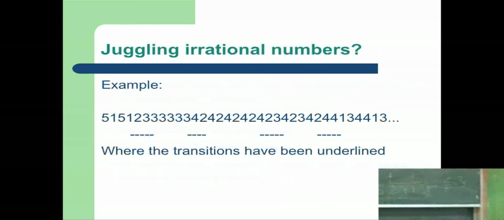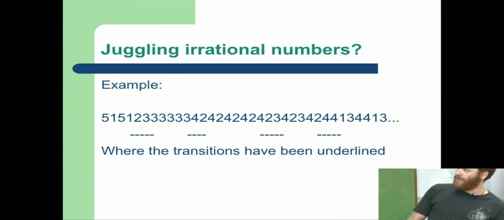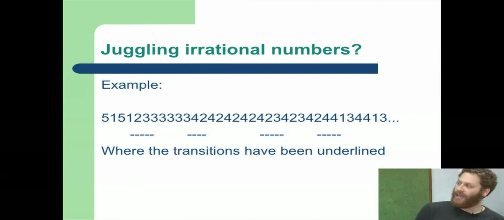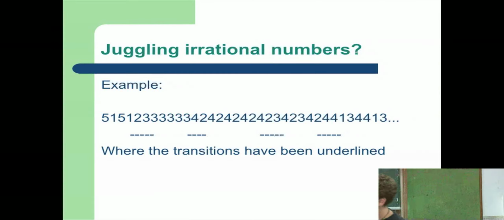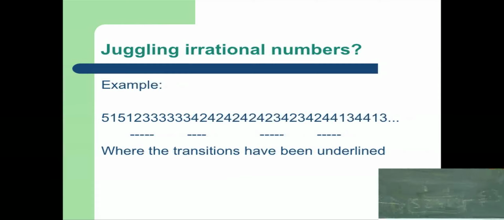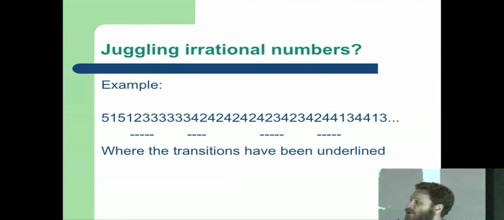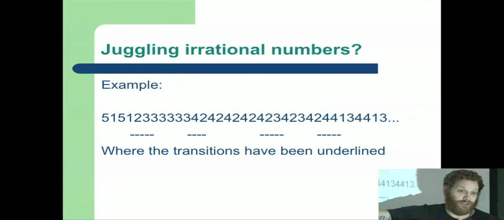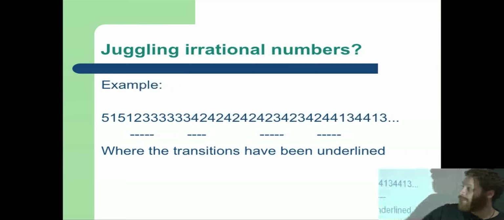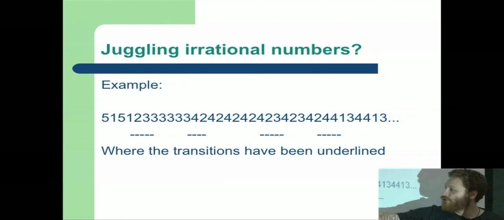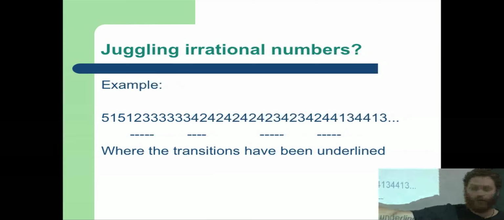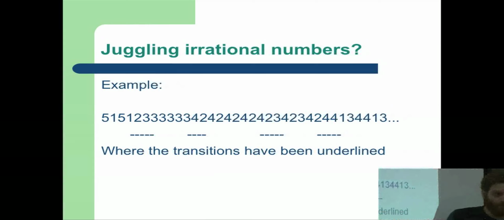All right, just for a bit of fun, here's an example that might get you started. We start with 5, 1, 5, 1, 5, 1. We throw in a 2 there to transition to a string of 3s. Turns out we can transition straight to 4, 2, 4, 2. There's no problem there at all.